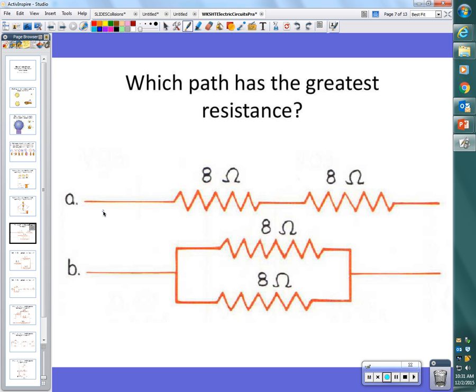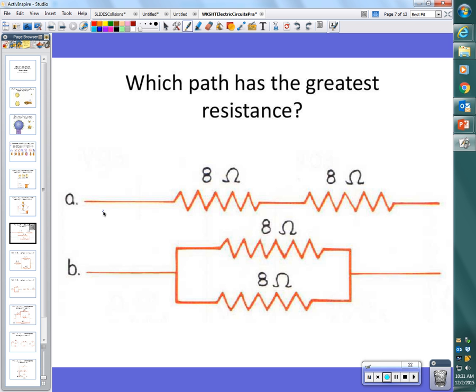So Ryan, we could describe them using vocab words, right? How are these resistors connected in A? Somebody else want to help them out? If there's only one path, what do we call that? Series. So we say these resistors are connected in series, whereas these resistors are connected in parallel.